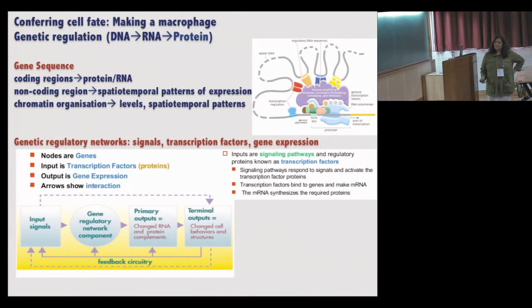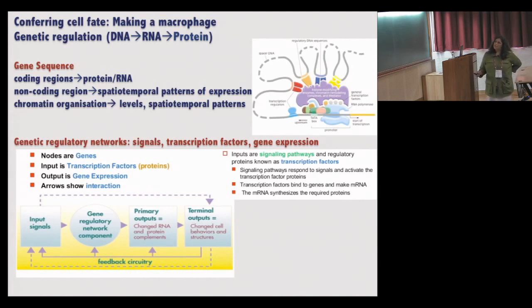So typically, input signals will be what we might call signaling pathways, and I'll come to this in the lectures to follow. But they can also be regulatory proteins known as transcription factors.